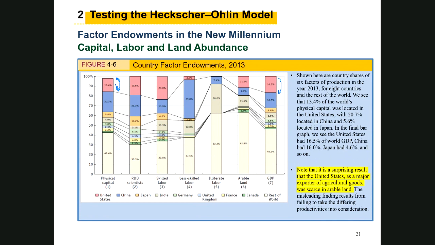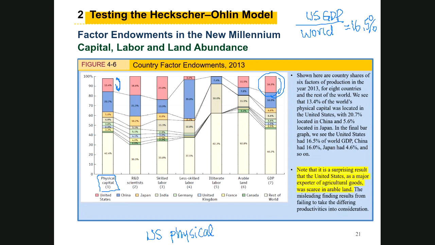For example, the US GDP to the world GDP in this one is equal to 60.5%. That means this part is equal to 60.5%. If I want to know whether the US is physical capital abundant, what should I do?